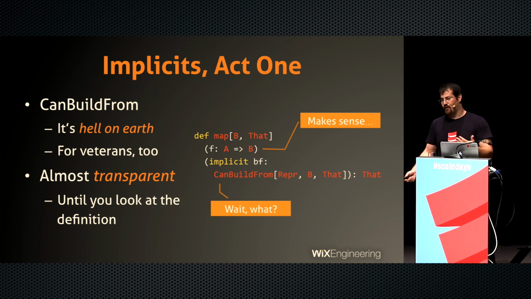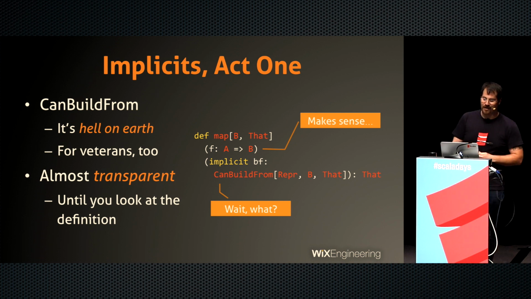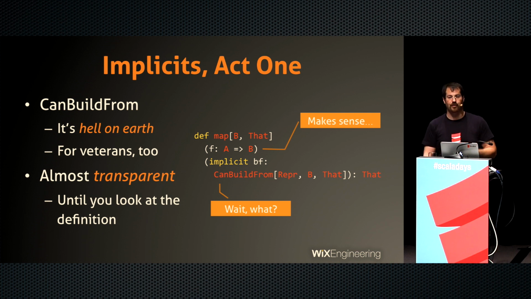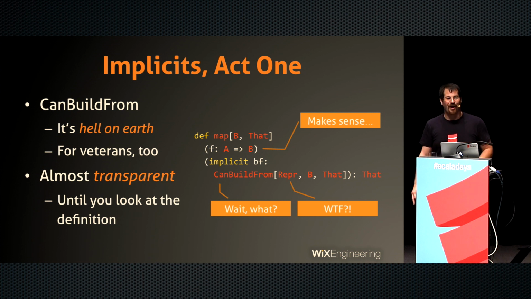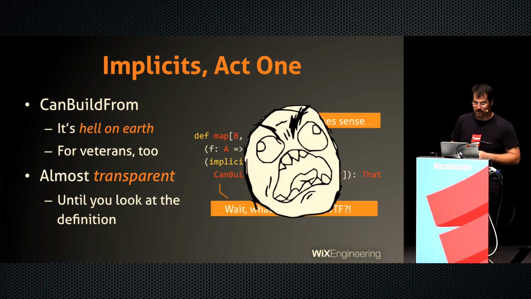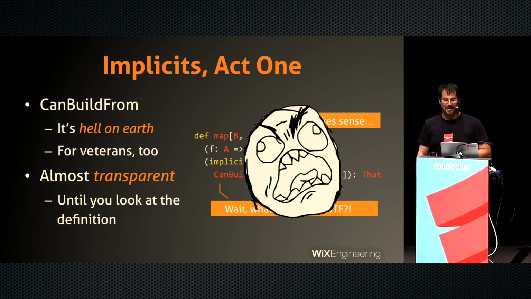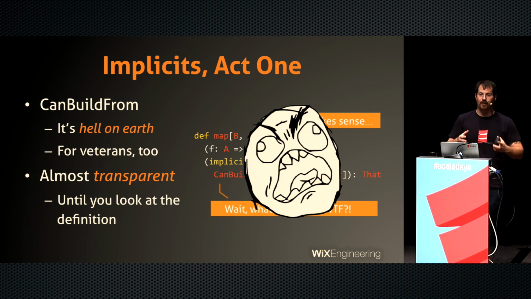And then, if we're lucky, they start digging in, and even if they have a good intuition around what CanBuildFrom is about and what it's used for, they're still going to run into this Repr type parameter, and then generally all bets are off, right? As soon as you run into this, you're going to go, what? And then you're generally probably just going to close the code and stop looking at it and think that there's a lot of dark magic going on under the hood if you use Scala.